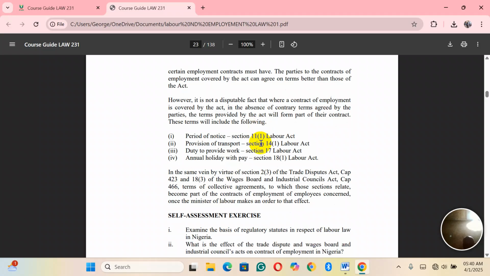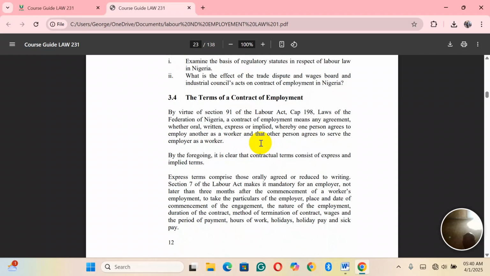So we are moving on to the terms of the contract of employment.